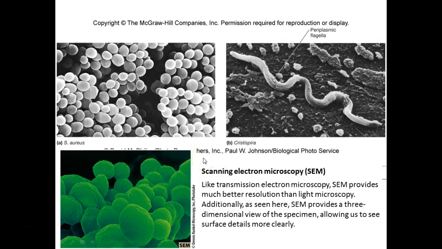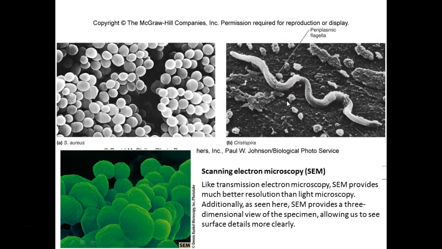And as you can see, we're just scanning the surface. So we're just seeing the surface. But you can learn a lot about an organism by seeing its surface. The images that are generated by the machine that's utilized for this, we can't see this with our eyes, are grayscale images. So typically they look like this.